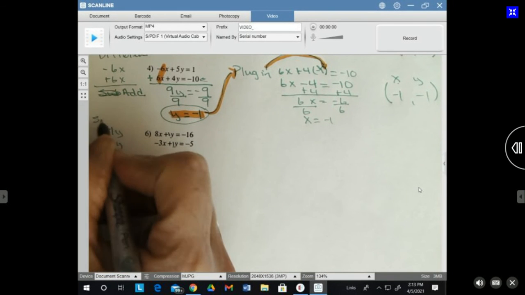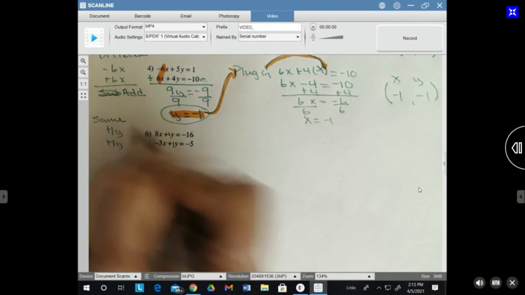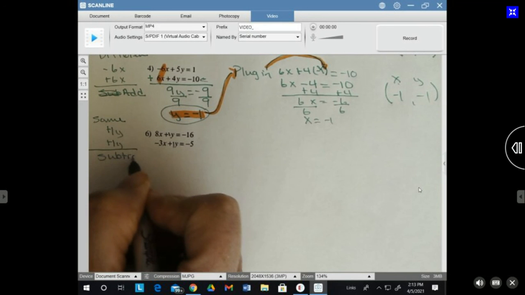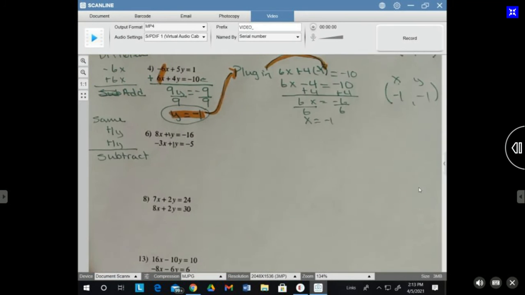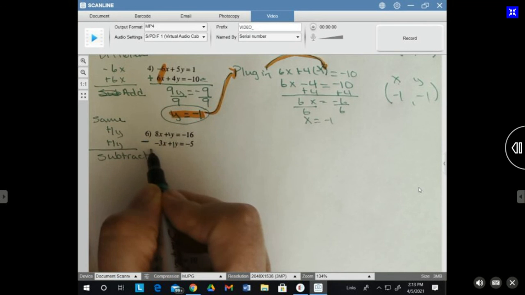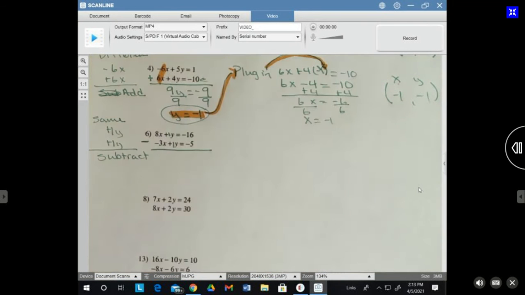So since my signs are the same, that tells me I need to subtract. All right, be careful. It gets tricky on these. I've got 8x minus a negative 3x.